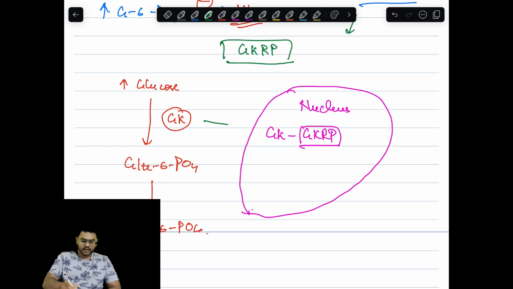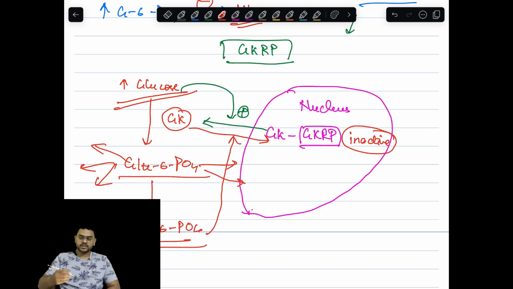Whenever glucose levels are high, the increased glucose levels itself stimulate the release of glucokinase, and it remains active as long as this glucose 6 phosphate is being utilized for all the other anabolic processes. Once all the anabolic processes are taken care of and the liver starts utilizing this glucose 6 phosphate for its own energy needs, we have increased fructose 6 phosphate.